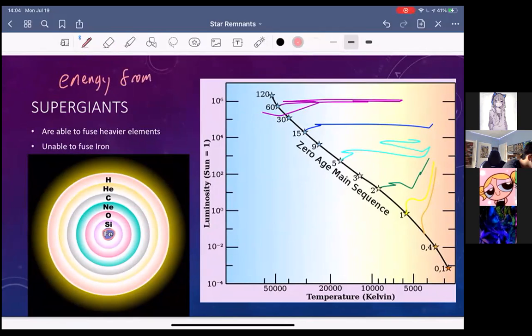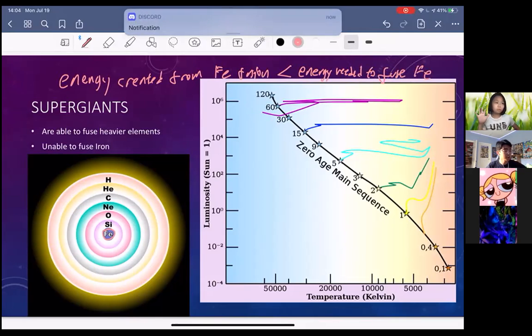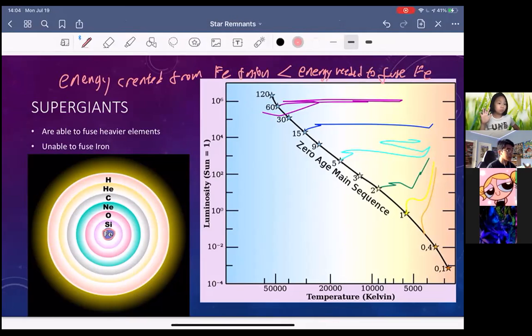the energy created from iron fusion is less than the energy needed to fuse iron. It actually takes more energy to fuse iron than the energy that you get out of it.